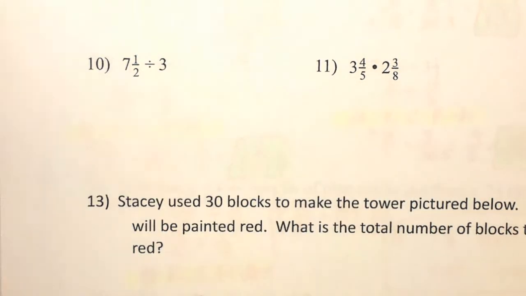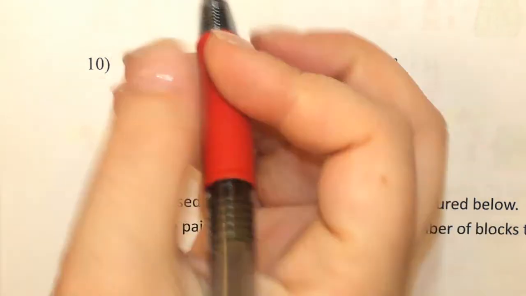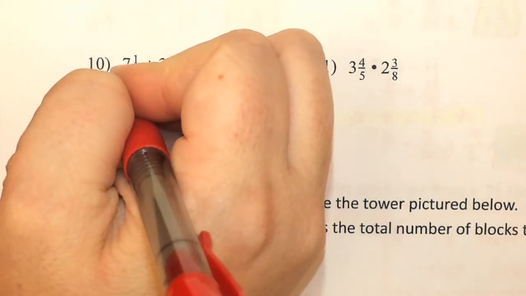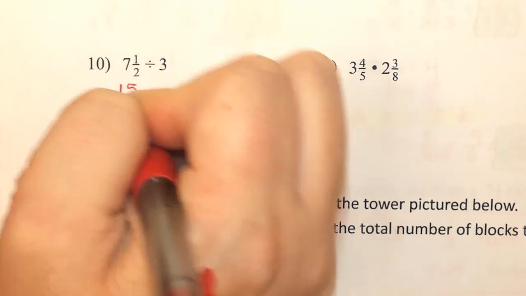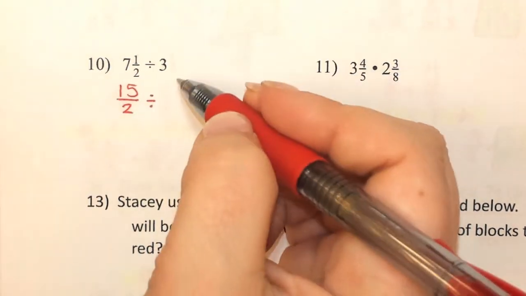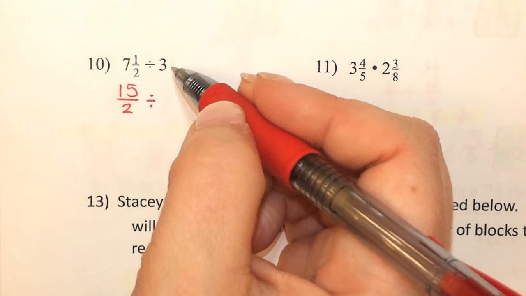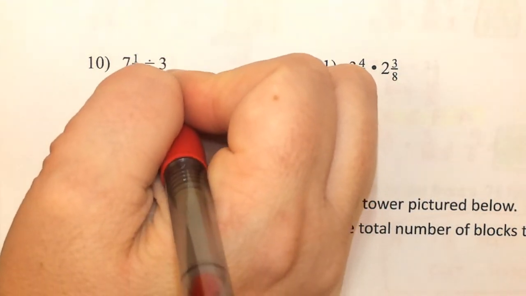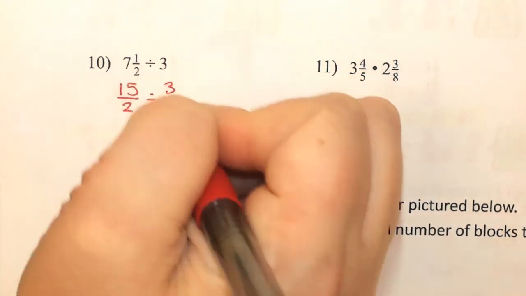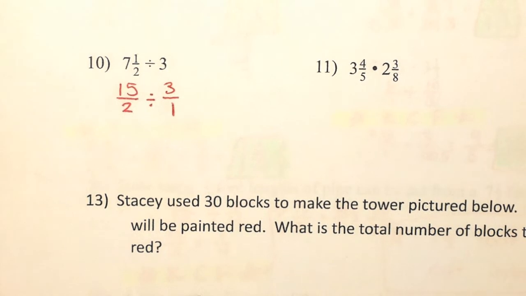Perfect. And that gives me 14 plus the 1. So I have 15 over 2. I'm going to keep that division symbol right there. And what would I do to the 3? And make it 3 over 1. Okay, perfect. So even not being here yesterday, Noah already knows what's up.